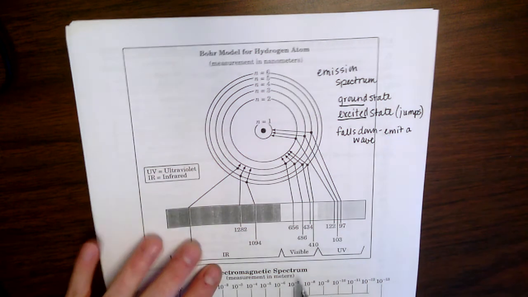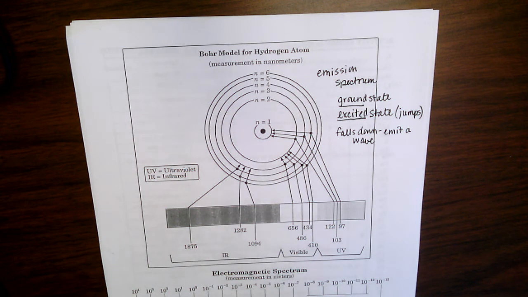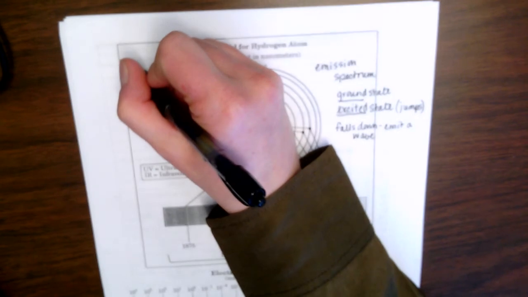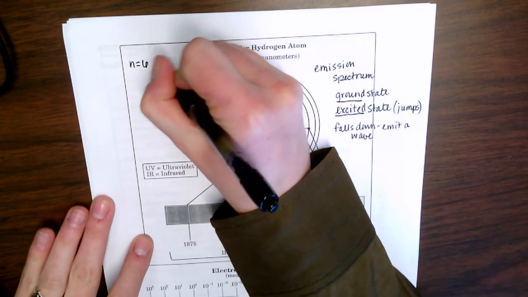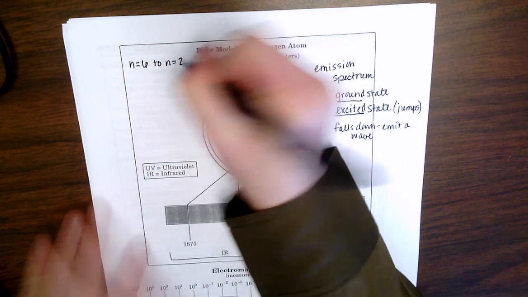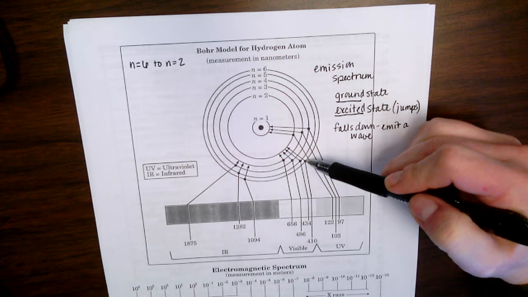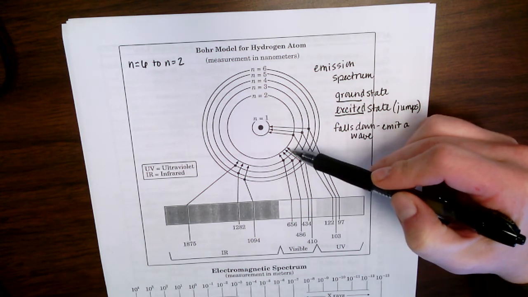Now, some of this can be visible light that you can see. Others, like UV and infrared, are not. So the way that you read this, the question will be like, what kind of wave is emitted if you go from n equals 6 to n equals 2? So we're going to find n equals 6, that's this outside line. And we're looking for where it goes to n equals 2, that's this line, where it's pointing to.